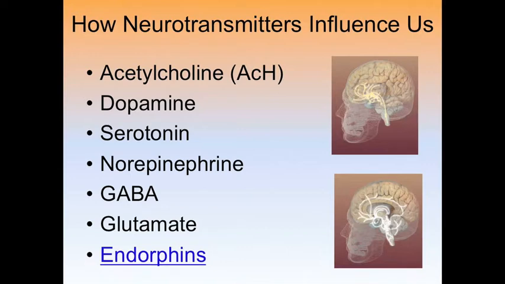So an undersupply of serotonin could be linked to depression, and is in a lot of cases. And then we get into things like norepinephrine and GABA and glutamate and endorphins, and all these are going to sound really familiar to you, those of you that have taken anatomy. But we'll make our way through these. Like I said, this was part of your reading last night, and there's a really good chart on page 57 if you want to look and see what each one of these does.